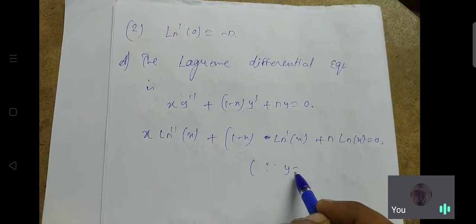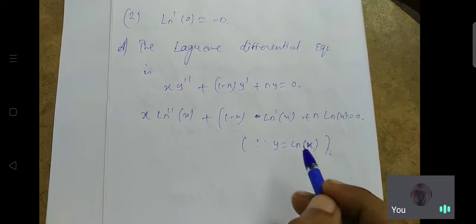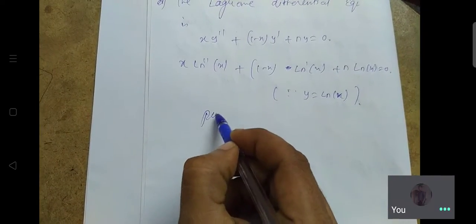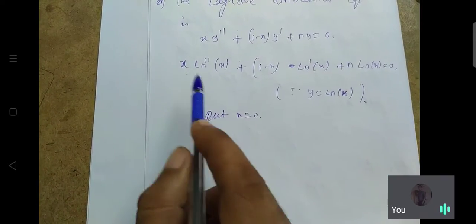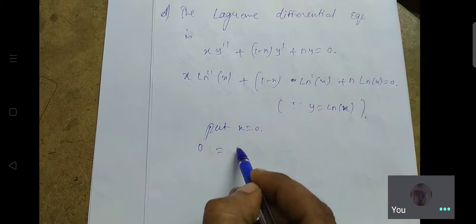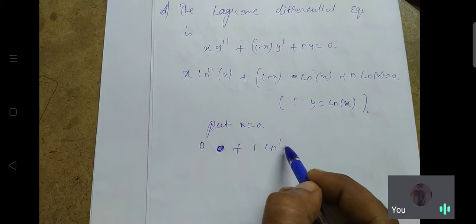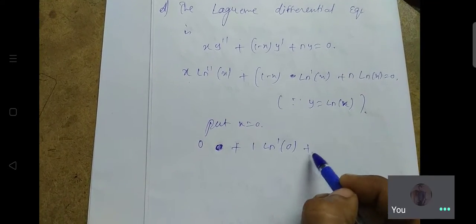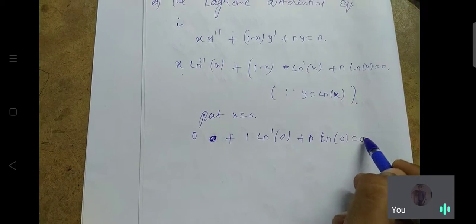Therefore y is equal to Ln, because y is the solution of the differential equation. So now put x equal to 0. If you put x equal to 0, then this term is 0, plus 1 into Ln prime of 0 plus n into Ln of 0, which is equal to 0.